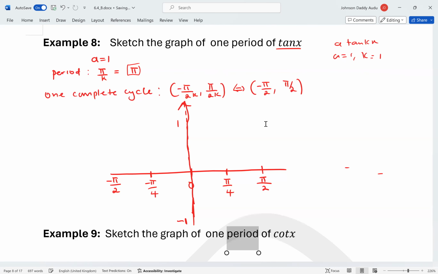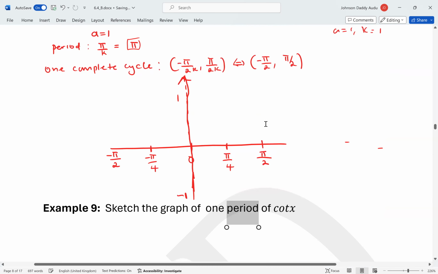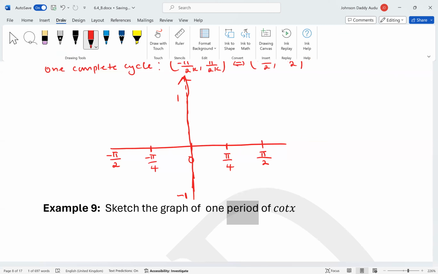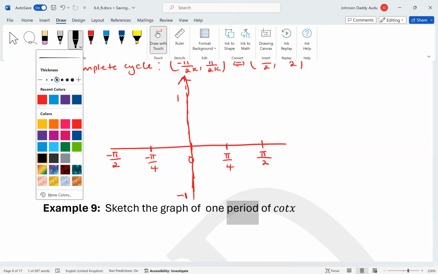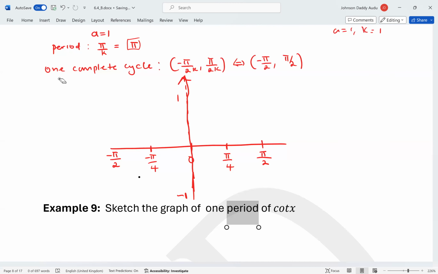Not the minimum value, but just a and minus a. Okay, now one thing we should know about tan is that we can just find the values directly. So if we're looking for tan 0, what is tan 0? Tan 0 we know is 0, so it means tan 0 is this. Then tan of pi over 4, which is 45 degrees, tan 45 is 1.